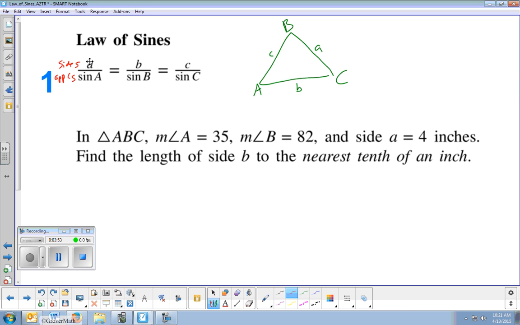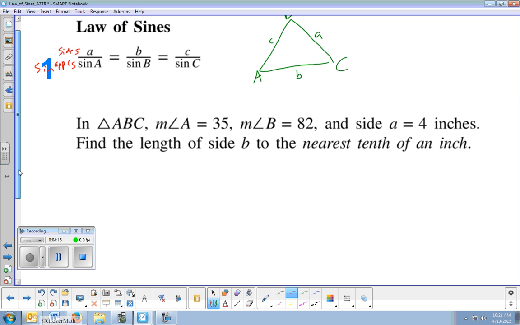Because what's opposite side A is angle A. What's opposite side B is angle B. And what's opposite C is angle C. And then we're doing sine of the opposite angles. So you create a ratio, which equals another ratio, which is a proportion. And you solve that. Let me explain this a little more in this next example.